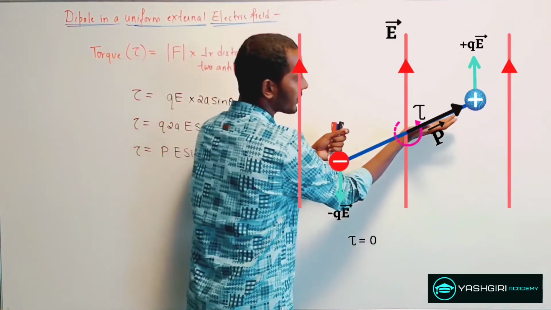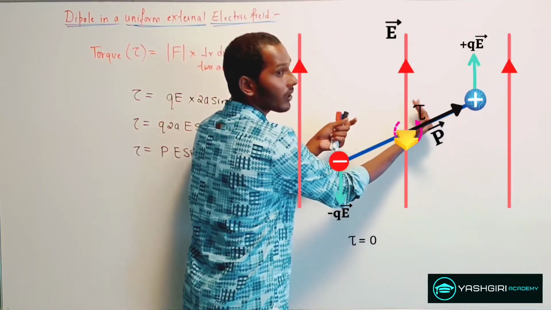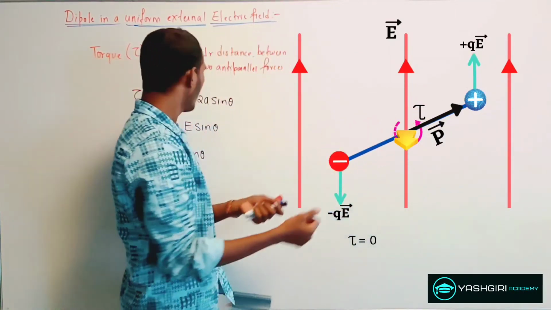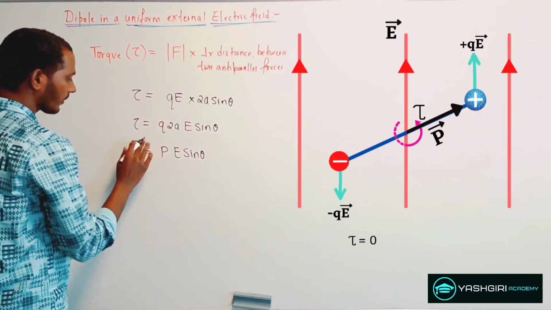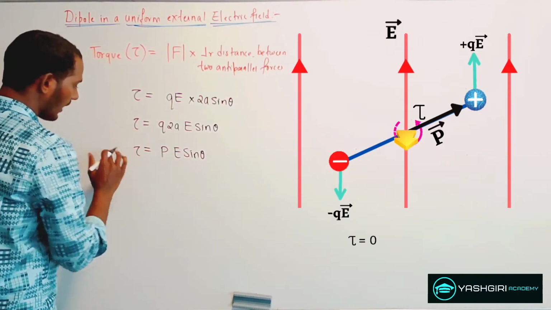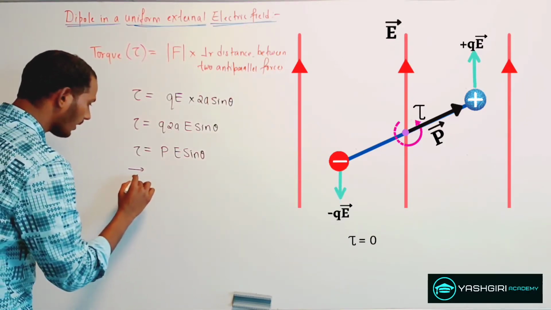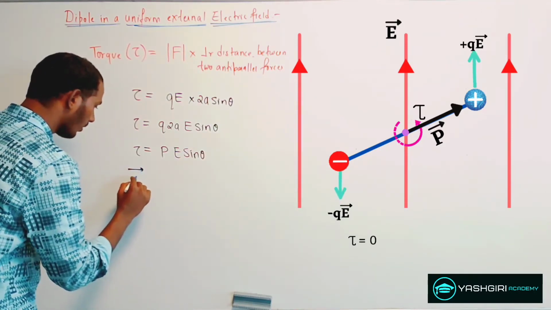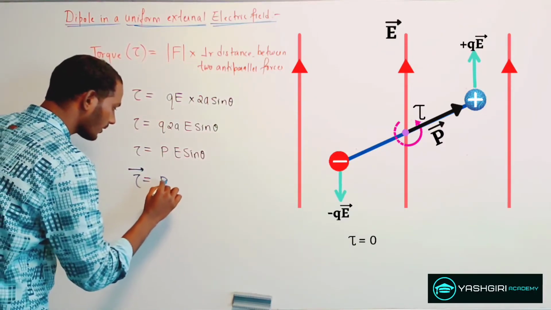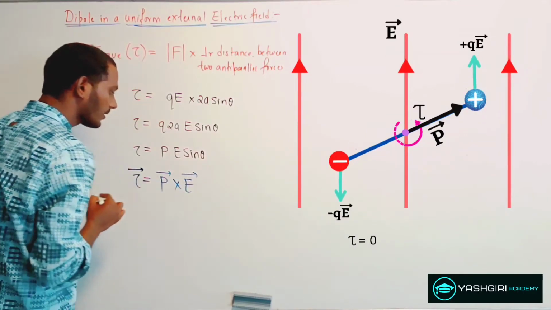So this is the magnitude, and if I want to write it in vector form, I can write the vector tau as equal to vector P cross vector E. So that's the relation.